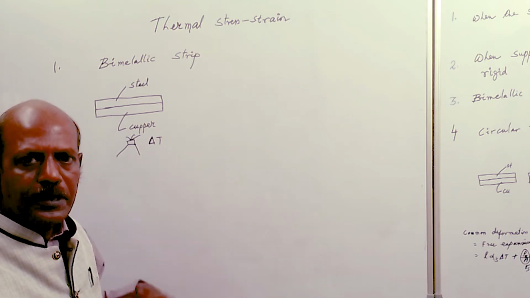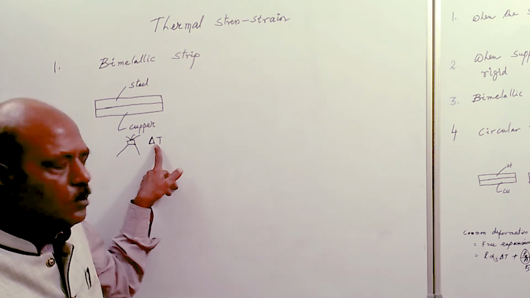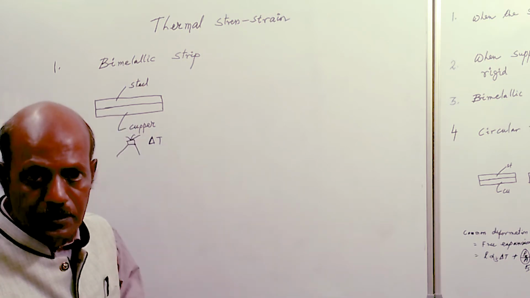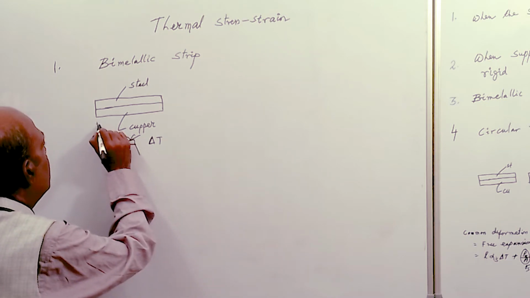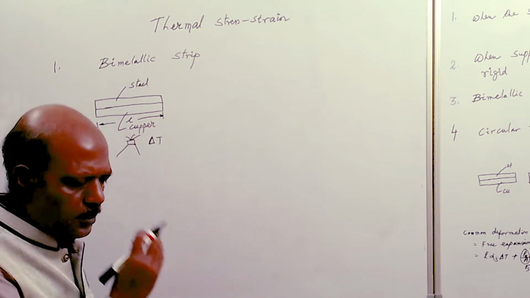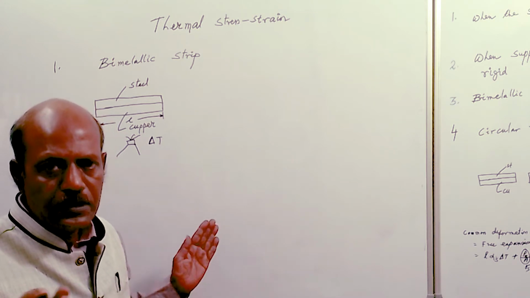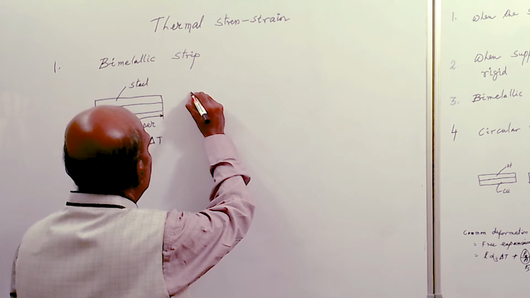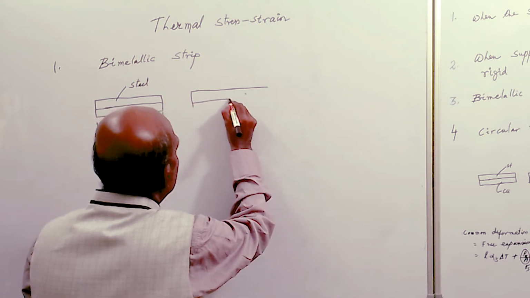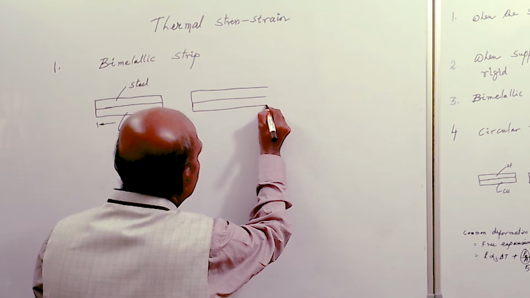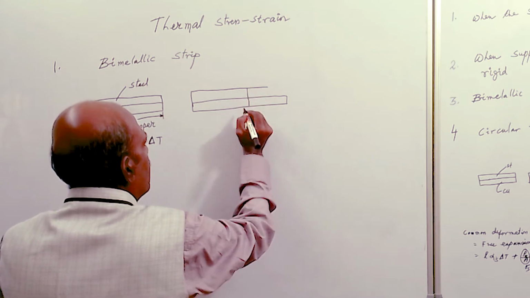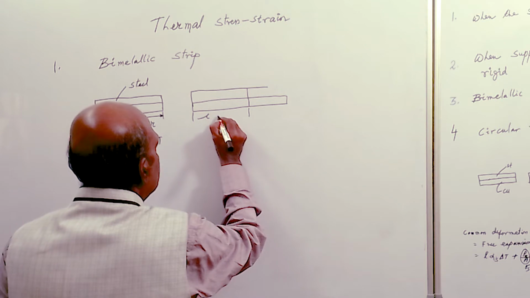With the help of this flame, the temperature difference is created to delta T. Because of delta T and no restraint, both bars have the original length L, and there will be free expansion of both bars. Diagrammatically, after the increase of temperature by delta T, the bar will increase. L is the original length of the bar.